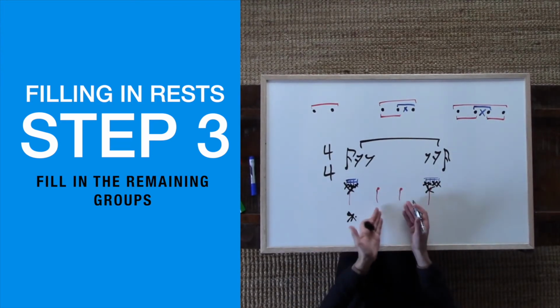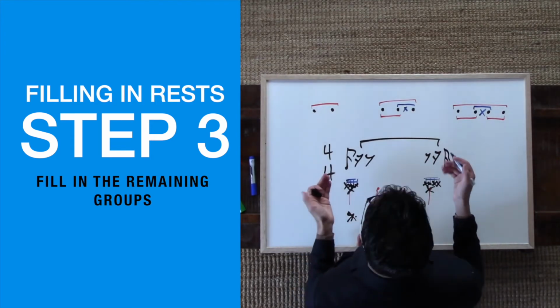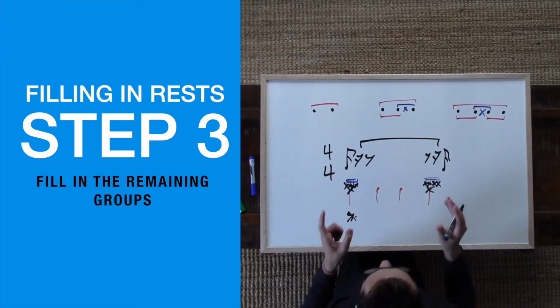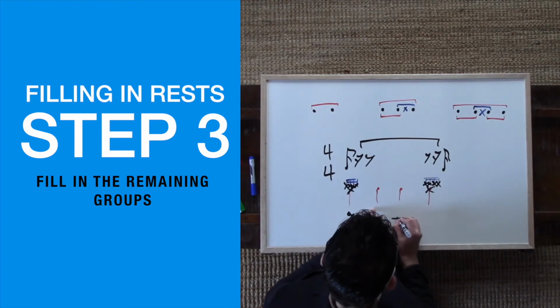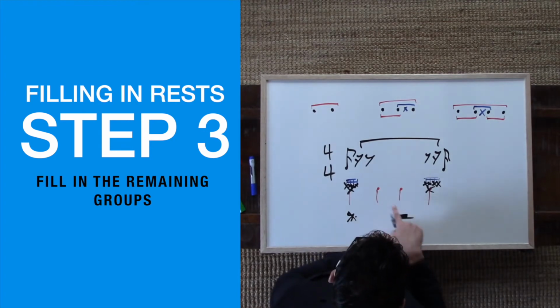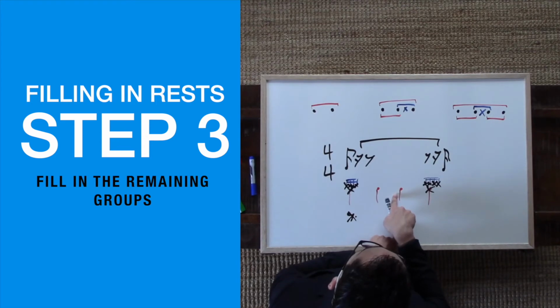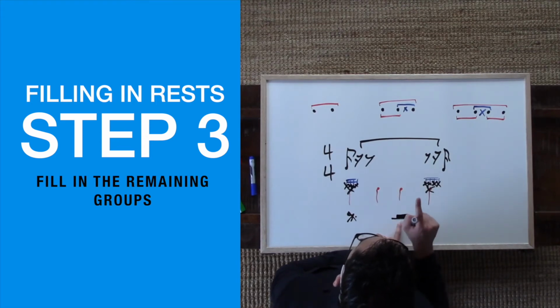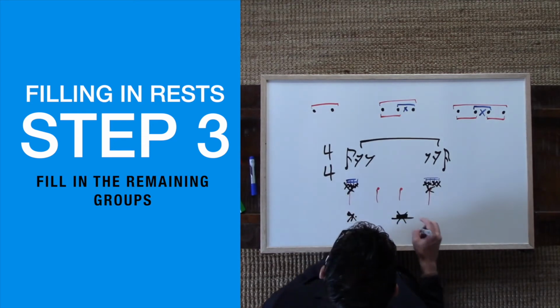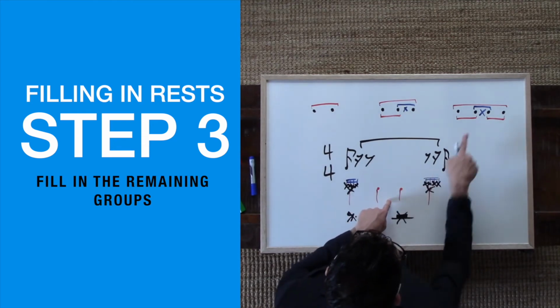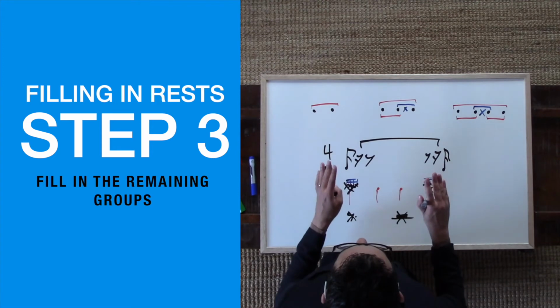I'm going to show you what students who aren't paying attention would do. Students who weren't paying attention to their diagram would just write in a half rest for these 2 quarter notes. That's not right because it combines them and they are in the middle. So that's also wrong. In order to do this, we cannot combine them, we just have to put them on their own.